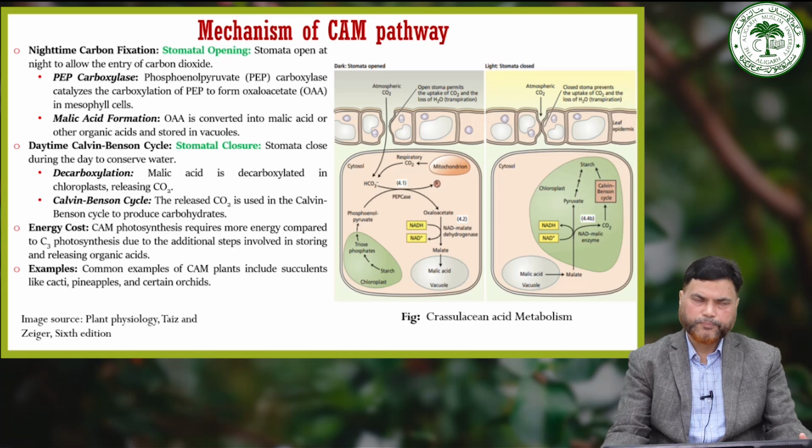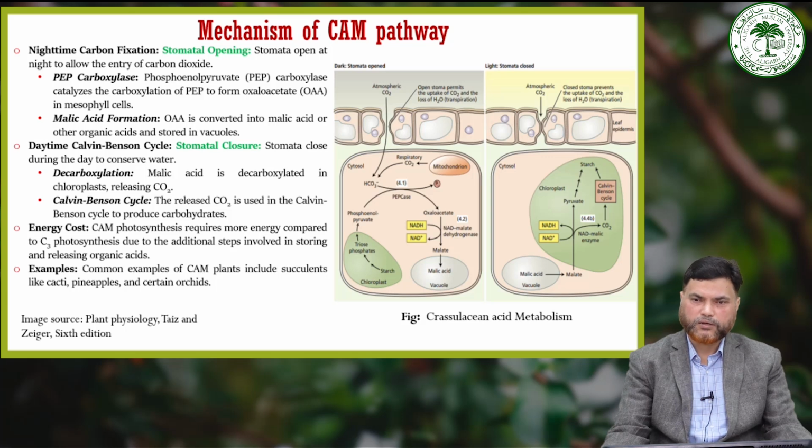The CAM pathway, while being an efficient mitigator of photorespiration, does require ATP at various steps similar to C4 photosynthesis, and this form of photosynthesis is a little bit energy costly. However, plants using CAM photosynthesis benefit from enhanced water efficiency. So this is the edge CAM plants generally have. By opening their stomata exclusively at night, you see on the right side, stomata is open.